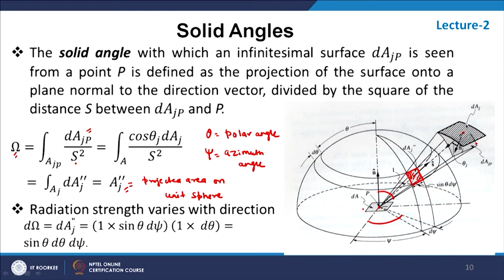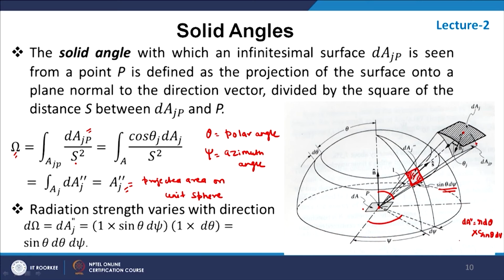This is the projected area that I have marked, given by dAj double prime, and this magnitude is equal to sin theta d psi, and this is equal to r d theta, where r is equal to 1. So, this is equal to d theta and this magnitude is sin theta d psi. So, in that sense dA double prime is equal to r d theta times sin theta d psi.